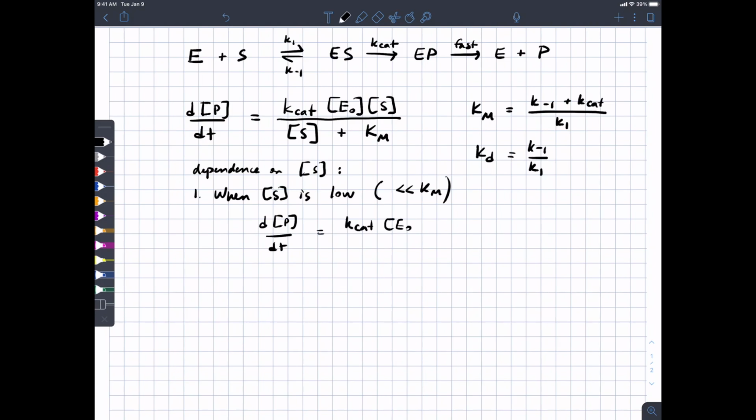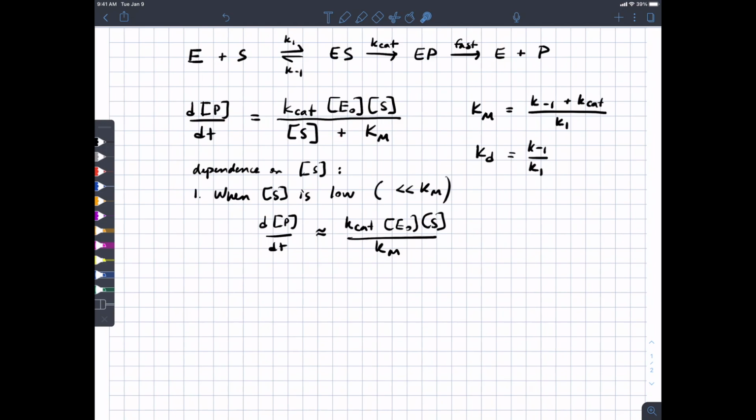Kcat, enzyme, substrate, and then maybe just Km here. Would that not change the substrate on the top at all? It would, but it definitely would. But the difference is on the top, the substrate is multiplied by the other things. Here it's just an addition.